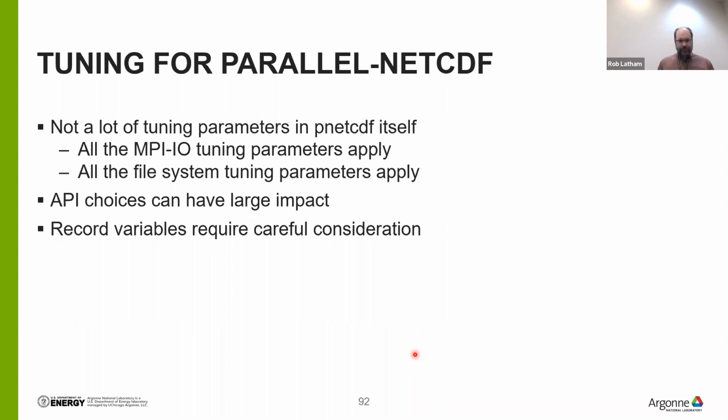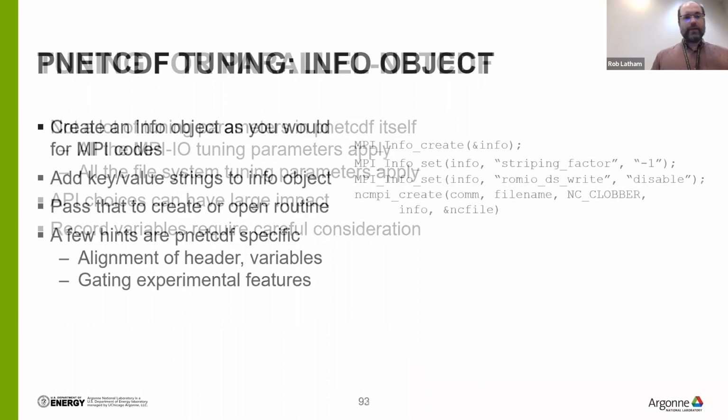So all that work happens underneath Parallel-NetCDF. The Parallel-NetCDF API choices that you use end up mattering a little bit more than which tuning parameters you're using. And of course, as I mentioned, the record variables complicate things, but I think we've got some ways of managing that through very careful tuning of the different optimizations.